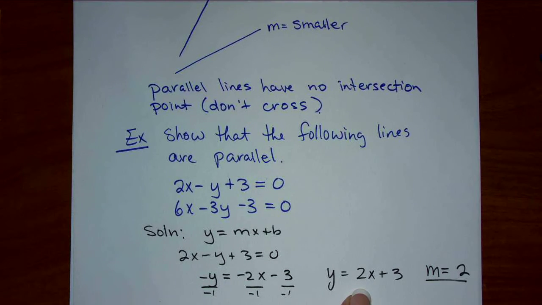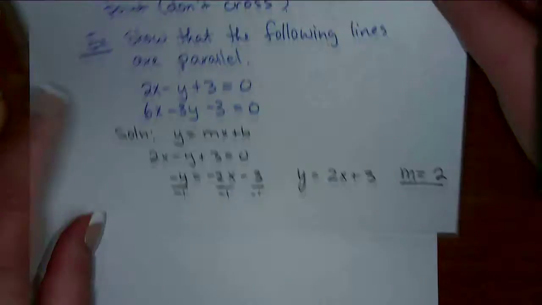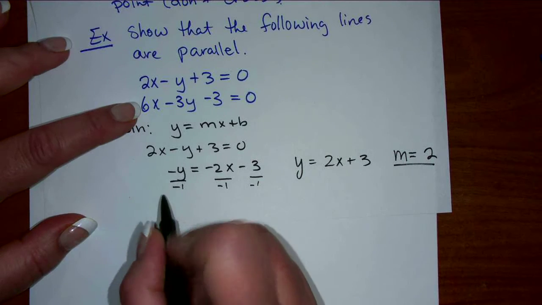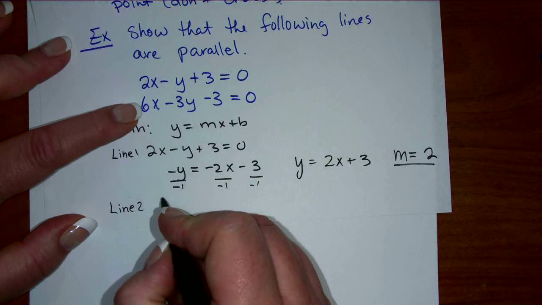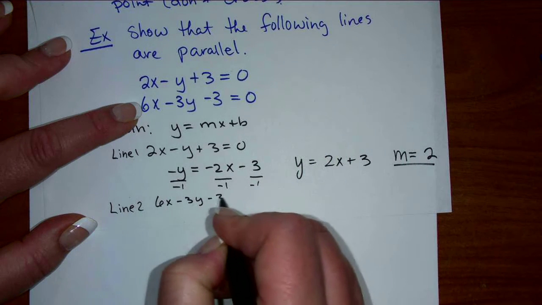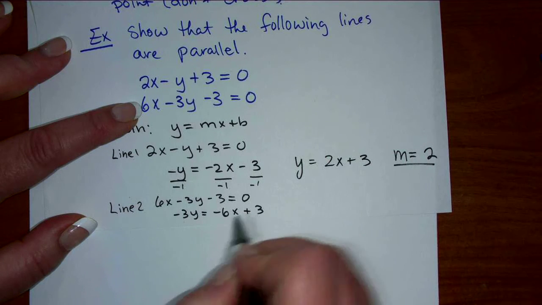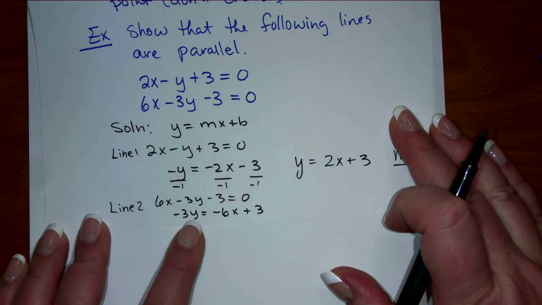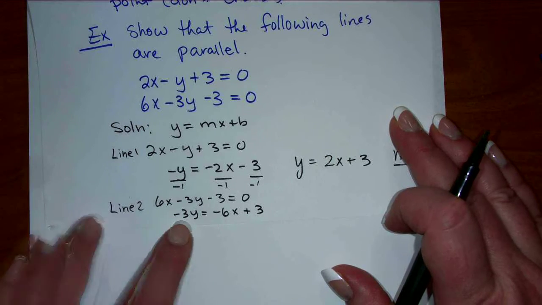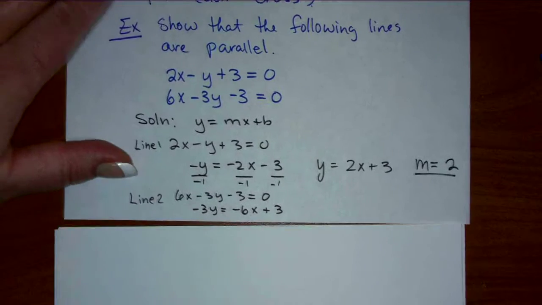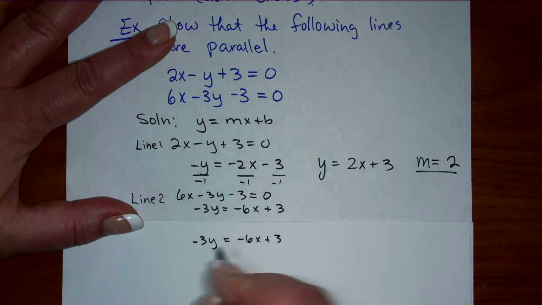Now we just have to do the same thing with line 2. So this is line 1. Line 2, 6x minus 3y minus 3 equals 0. So I have the minus 3y. What do I need to do to each? Divide by negative 3. So divide everything by negative 3.